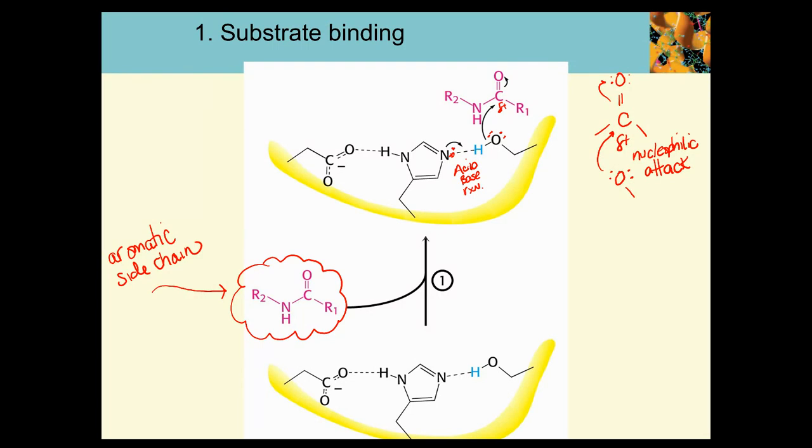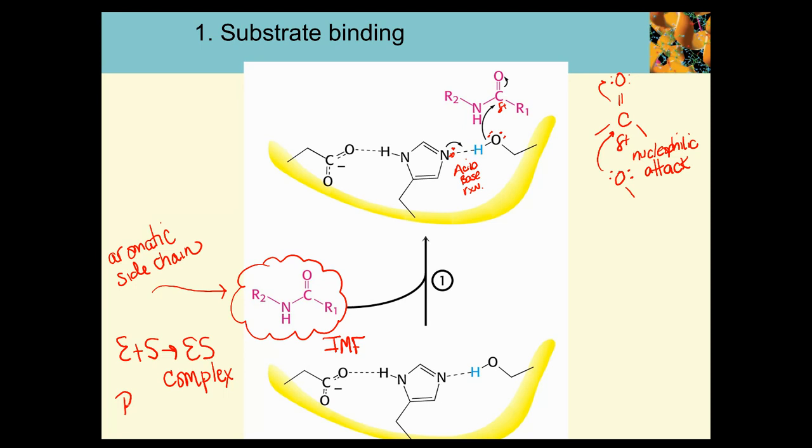Okay, and a couple other things before we move on from the slide is that at this point, the substrate initially comes in. This part here would be E plus S, forming the ES complex. They're attracted to each other through intermolecular forces.